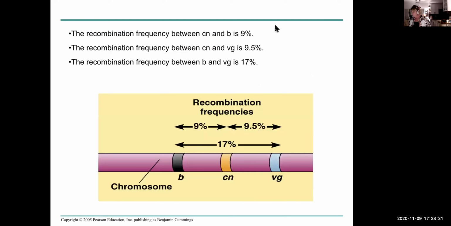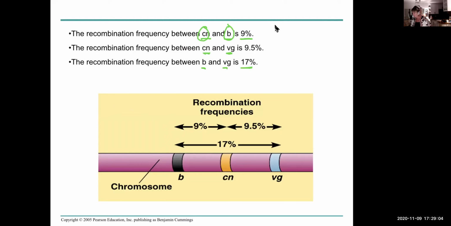So this is color, I believe, and something else. So these are two different genes. They're on the same chromosome. They're recombined about 9% of the time. The recombination of these two alleles is about 9.5%, and between these two, it's about 17%. So that corresponds to how far apart they are.